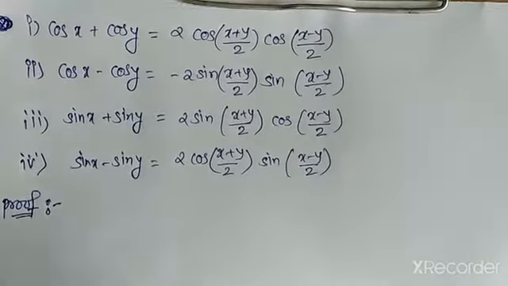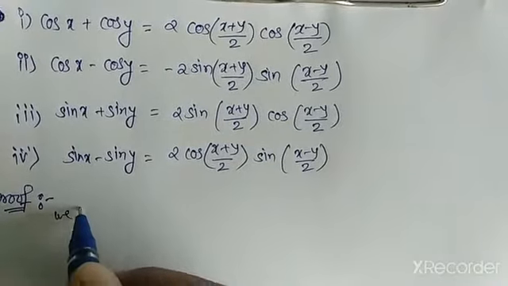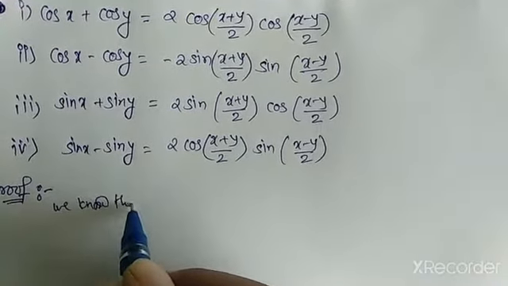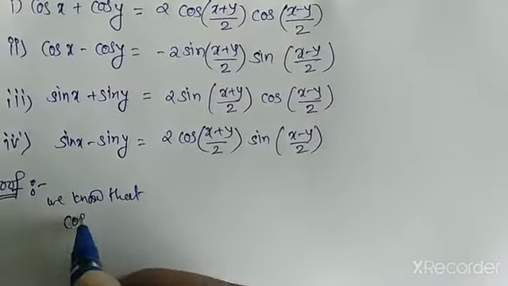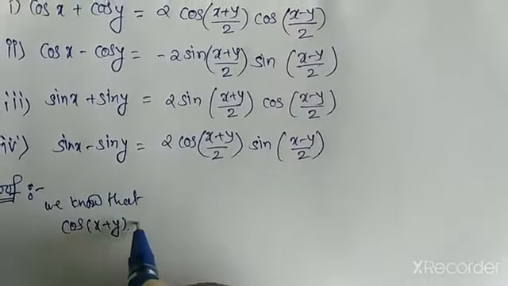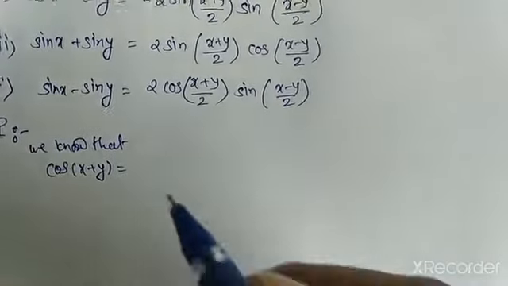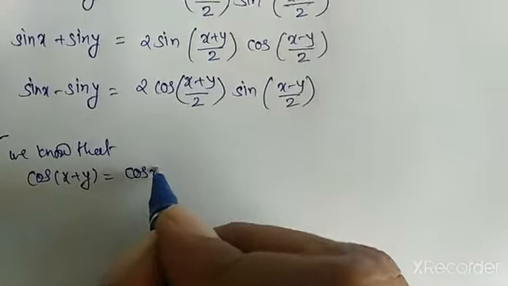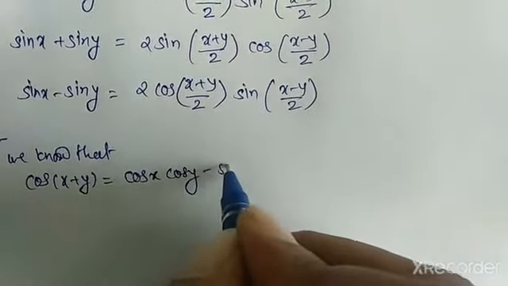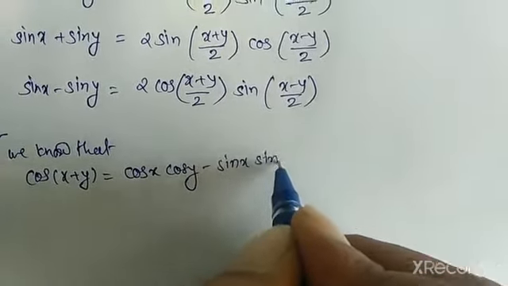Okay, so for this we know that cos (x plus y) is equal to, we have proved this formula, cos x cos y minus sin x sin y.